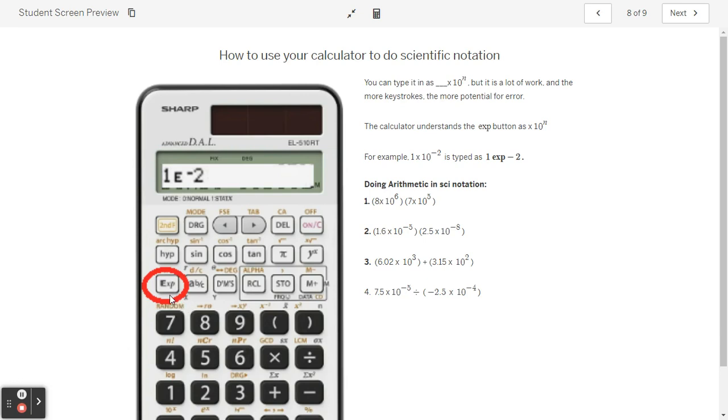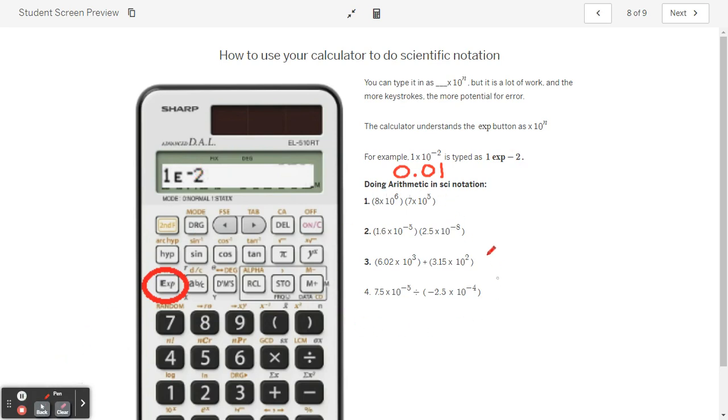If you're using a school calculator, you're going to see something like this. So, for example, 1 times 10 to the negative 2. This is 0.01. We can rewrite this as scientific notation 1 times 10 to the negative 2, or when typed in, we would have one, exponent button, EXP, negative 2.